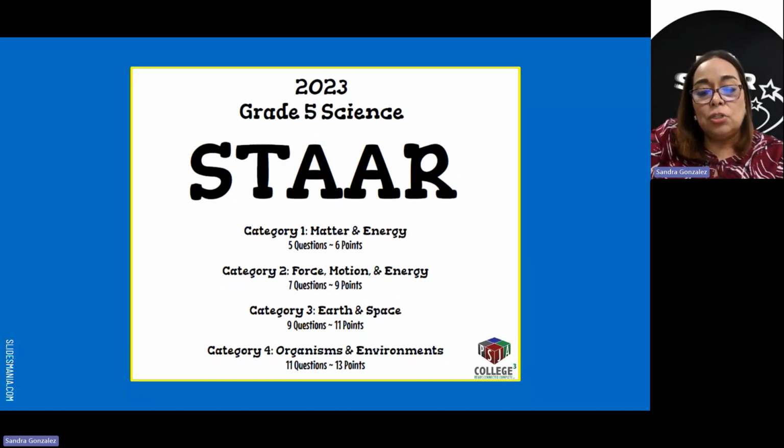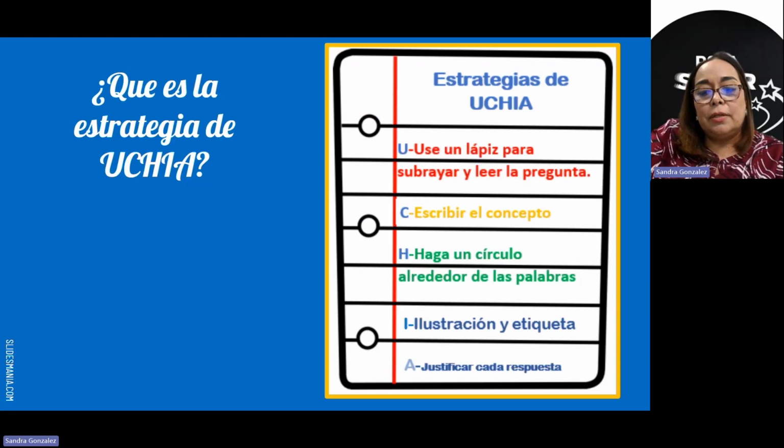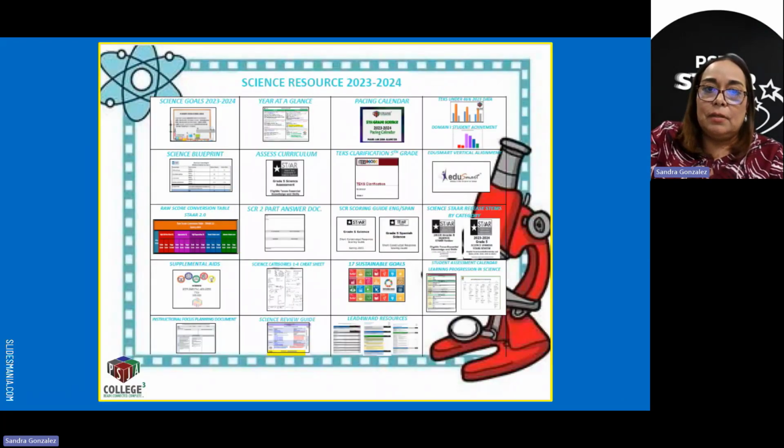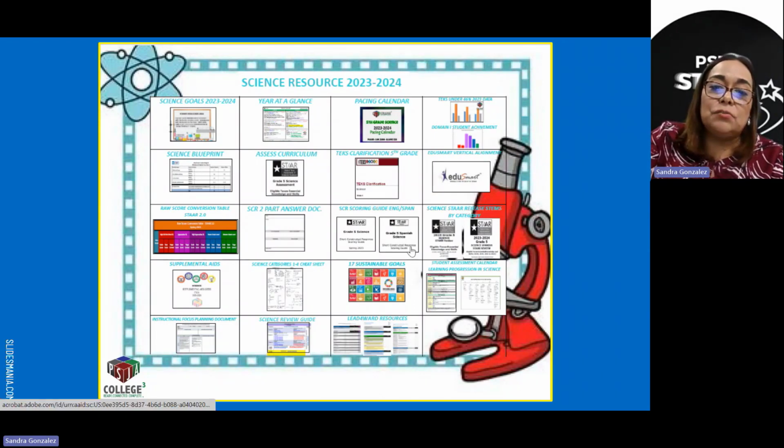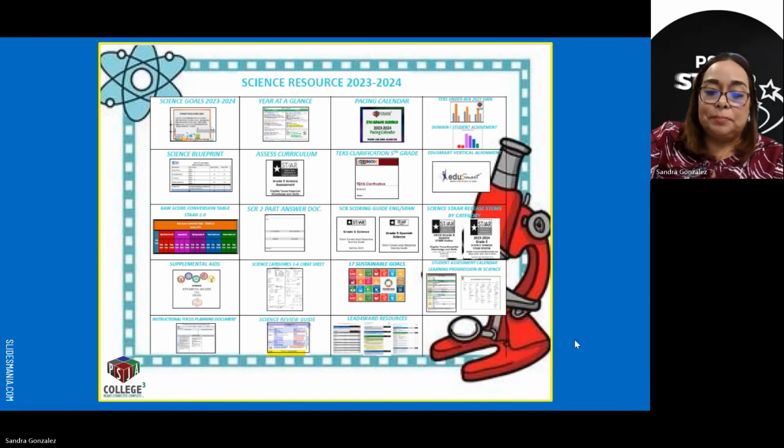As you continue to go over and review right now while you're doing your small intervention, use this as a resource. And of course we do have it in Spanish. So ¿qué es la estrategia de UCHIA? Aquí está. And don't forget, you also have the science resource page, where you have these at your fingertips to utilize with your students for small group interventions and tutoring time.